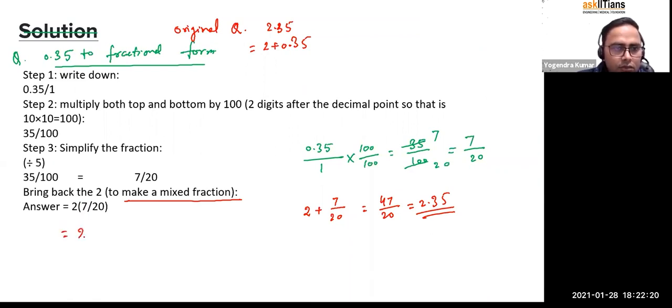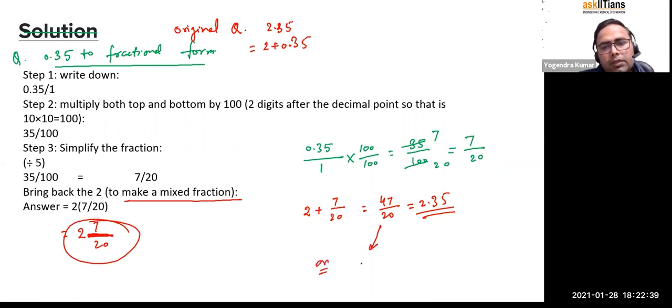Here it is 2 and 7 by 20, mixed fraction form, right? So this number can be written as 2 7 by 20, mixed fraction form. That is the proper answer you need to give.